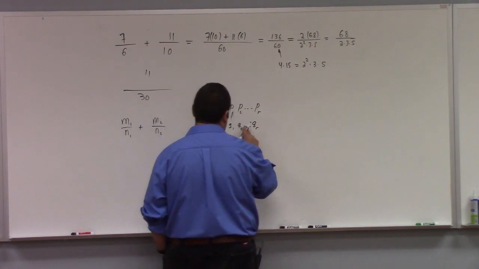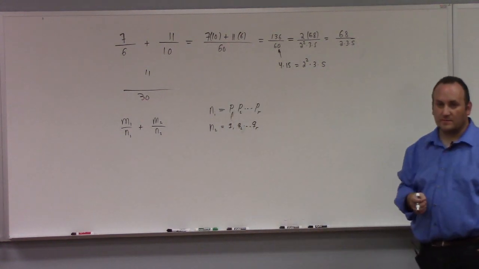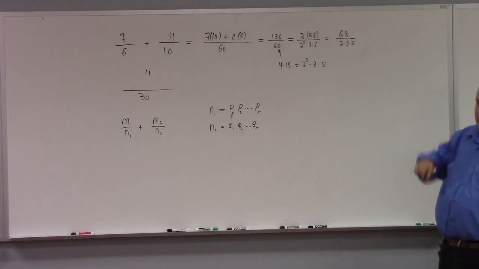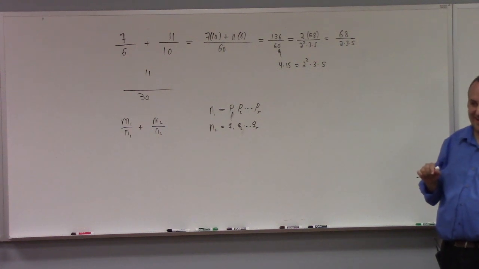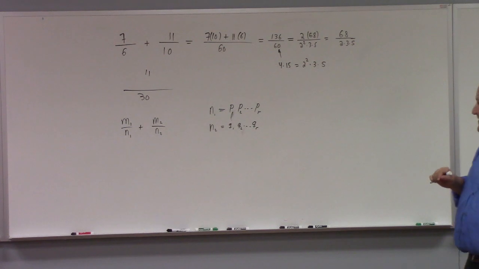I know that these are distinct primes because these are square free, and I'd have to work with those. This is just an example to get you started. That is not the proof. Thank you for that question.